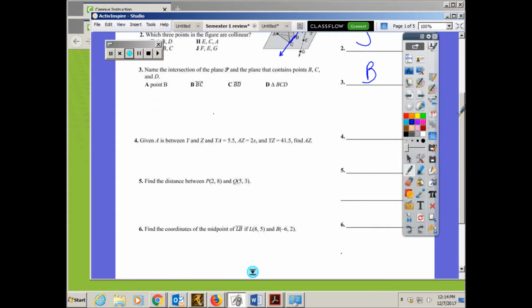Okay. For number 4, you're given that A is in between Y and Z. When you had this on your test back in chapter 1, we actually told you to write that drawing. At this point on the final, I'm not going to remind you to write that drawing. I would expect that after a semester of geometry, if A is between Y and Z, you could draw that drawing.